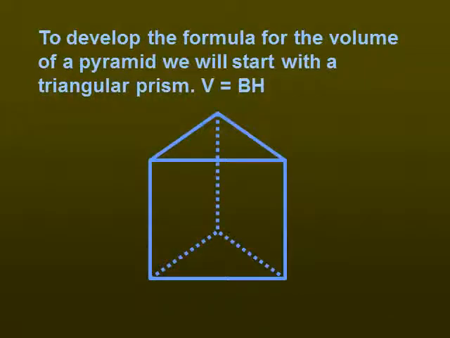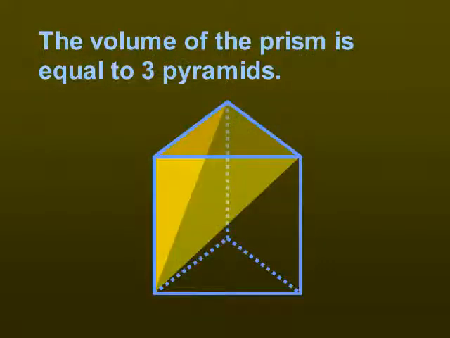Okay, so let's go ahead and develop the formula for the volume of a pyramid. We're going to start with a triangular prism. That means the volume equals the area of the base times the height. And if I take out a third of that prism, where now I have a pyramid that has a triangular base, I am going to have a third of that prism.